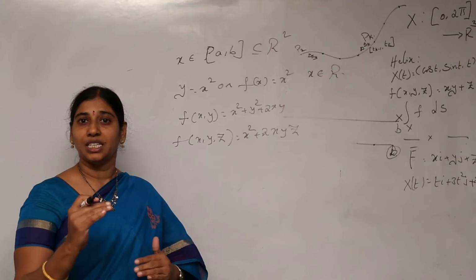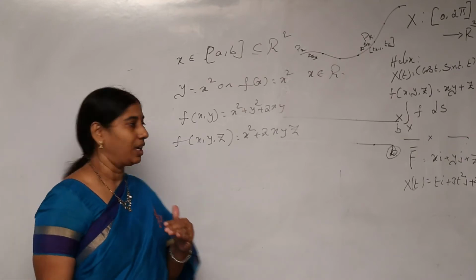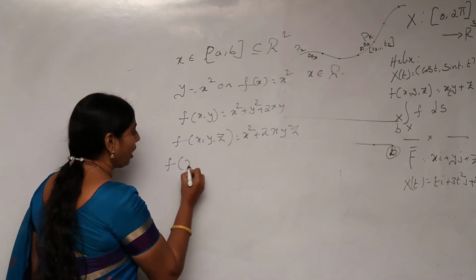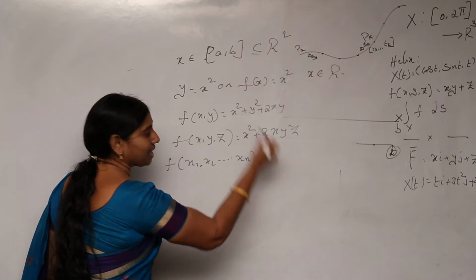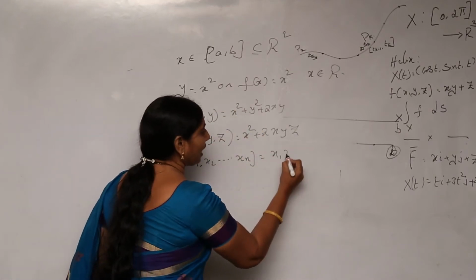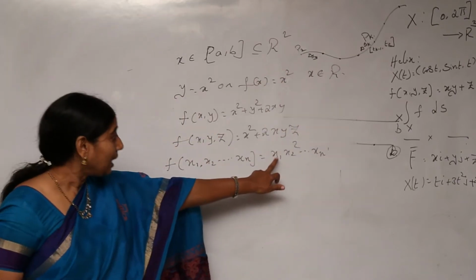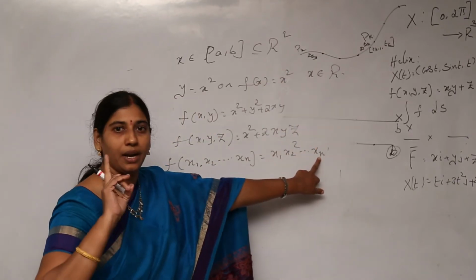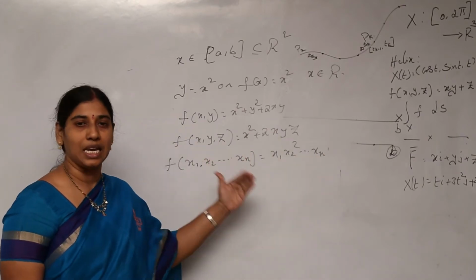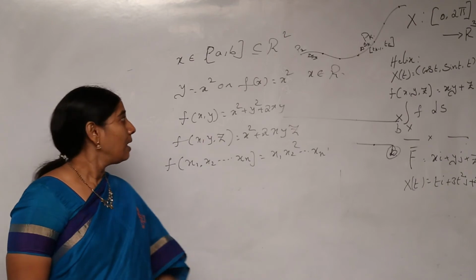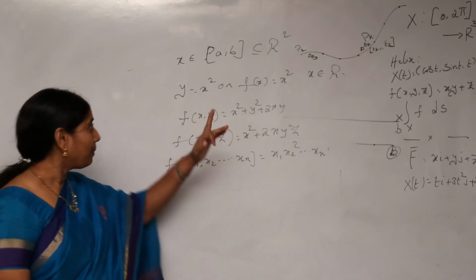In case you consider your subset or subspace as an n-dimensional one, then say suppose f(x1, x2, and so on, xn) = x1 x2² and so on into xn. There are n number of independent variables, so we treat this as a function of n variables. Here we are looking into scalar functions.